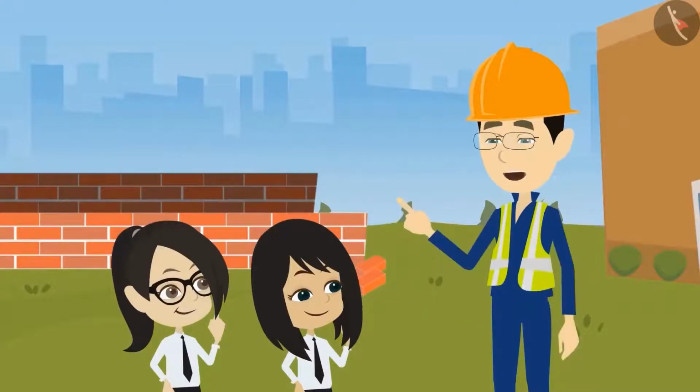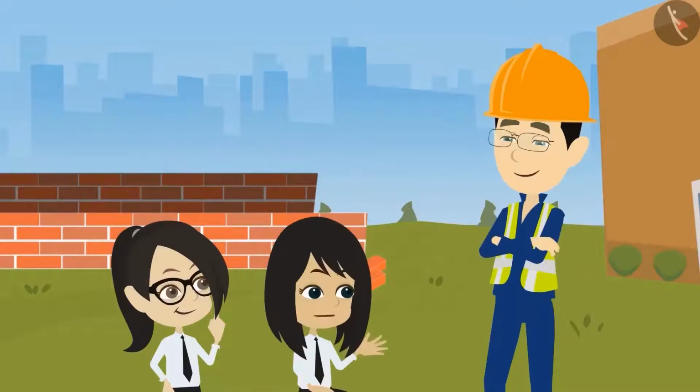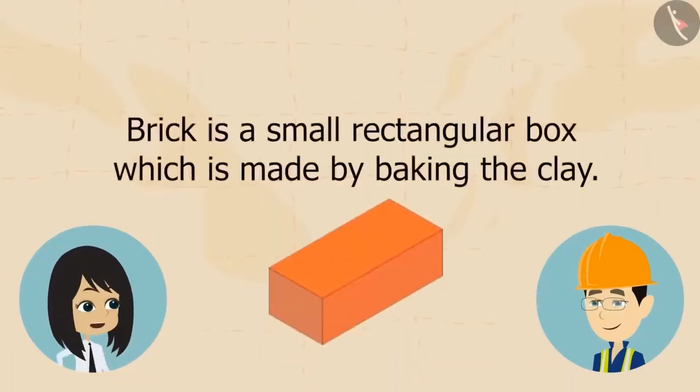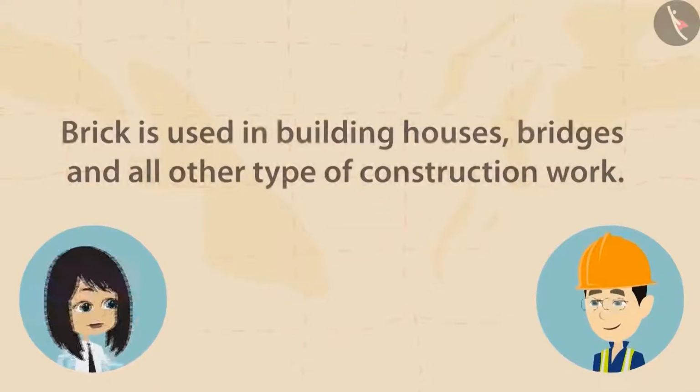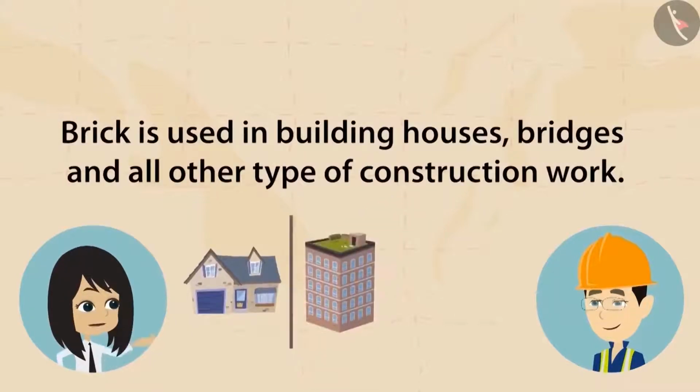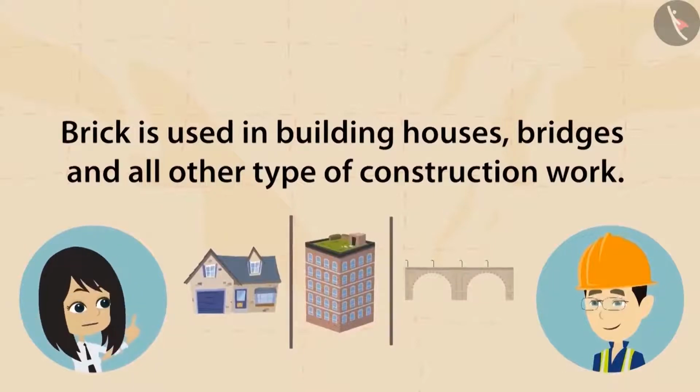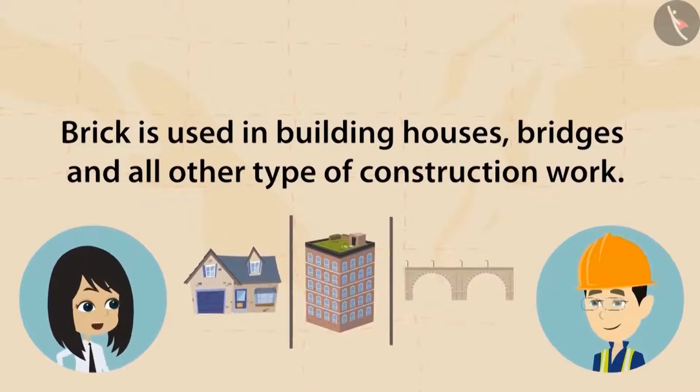But before that, let's recall what I told you last time. Sir, last time you told us brick is a small rectangular box which is made by baking the clay. Brick is used in building houses, bridges, or all other types of constructions.